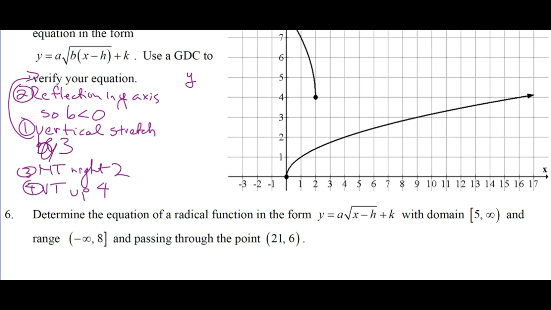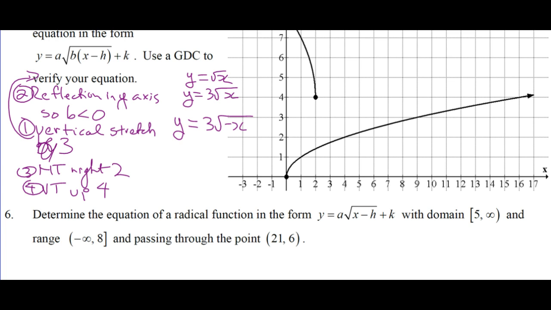We start with y equals root x, and the first thing that happened was the vertical stretch by 3, so y equals 3 root x. Then we had a reflection on the y-axis, so it's 3 root of negative x.